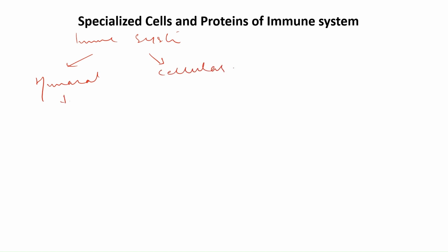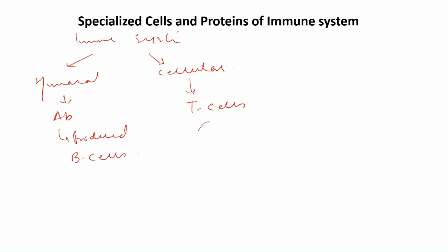Humoral consists mainly of antibodies, and these antibodies are produced by B cells. Cellular mainly consists of T cells. I'm using the word mainly in both cases because there are many more cells and proteins involved in the immune system, which we will study in the immunology subject.